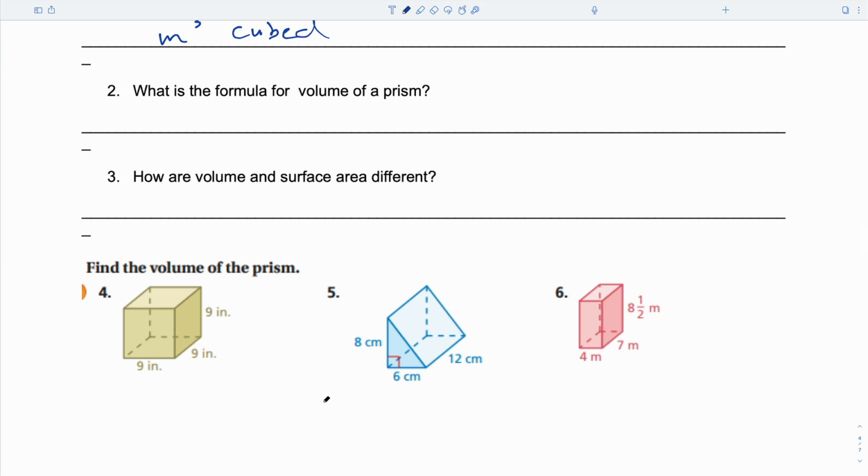Lowercase b means just base, capital B means area. So if you're putting a lowercase b, that's not exactly right. So go back and put the step-by-step process for everything else.